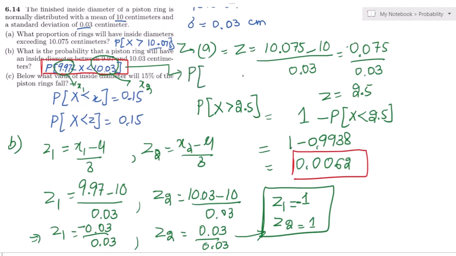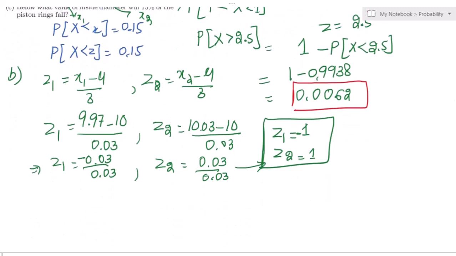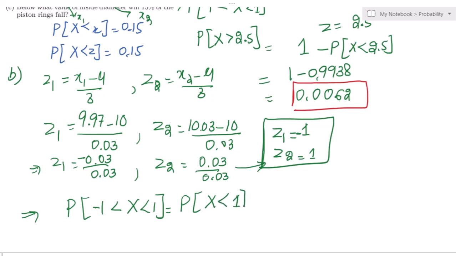So this is now the probability that z is greater than -1 and less than 1. To find it, we have to find the probability that z is less than 1 minus the probability that z is less than -1. Let me find these values.